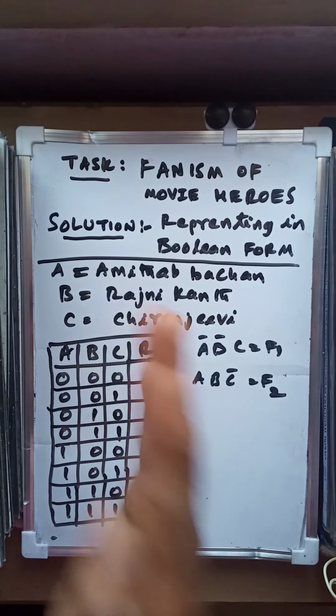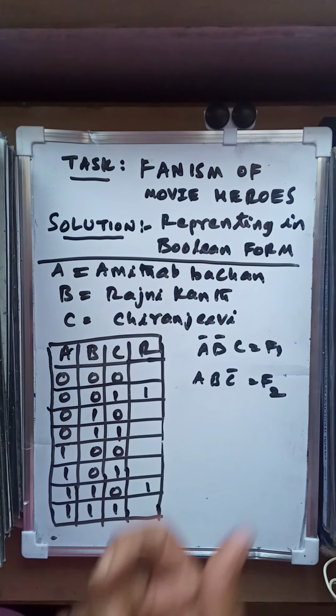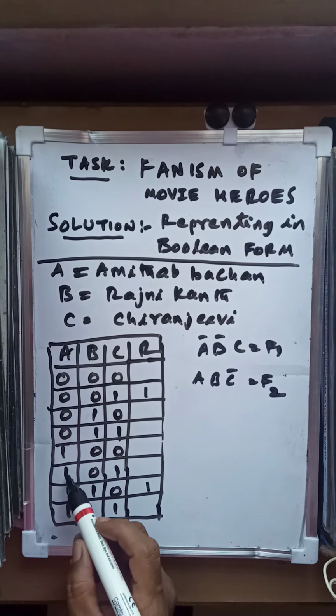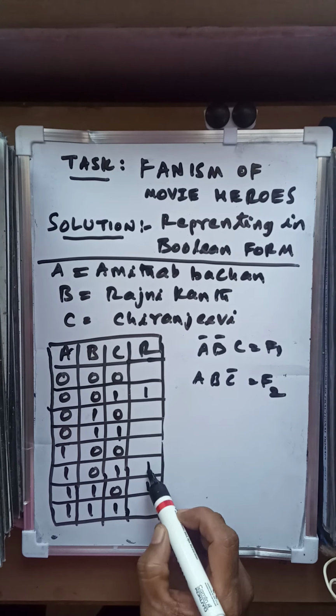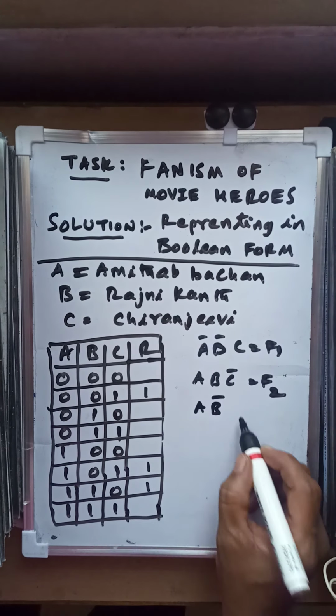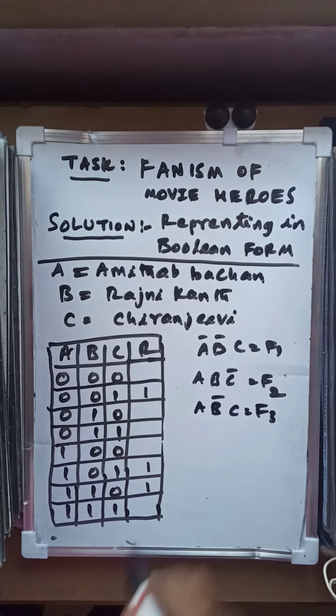Another task is a fan of Amitabh Bachchan and Chiranjeevi, Amitabh Bachchan means 1 and Chiranjeevi 1. So it's true. That means A, B bar and C. So it's function 3.